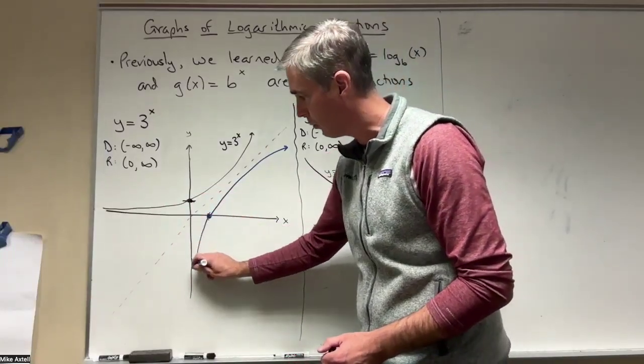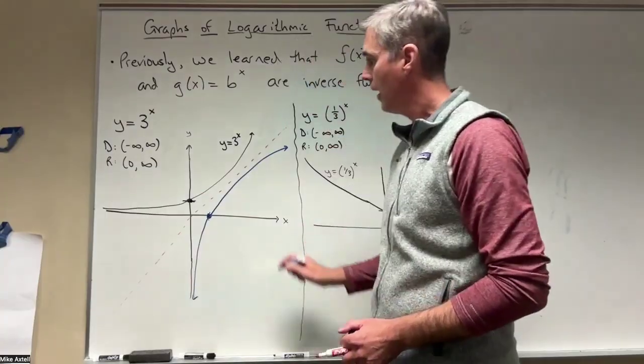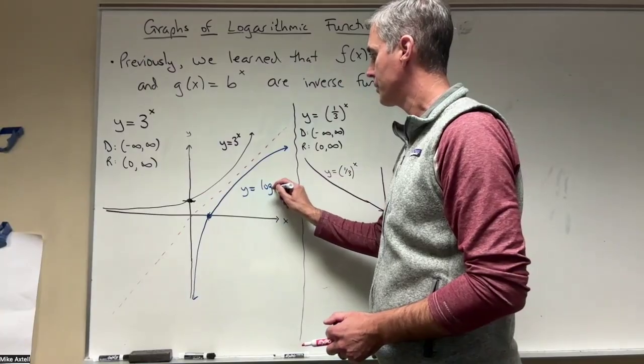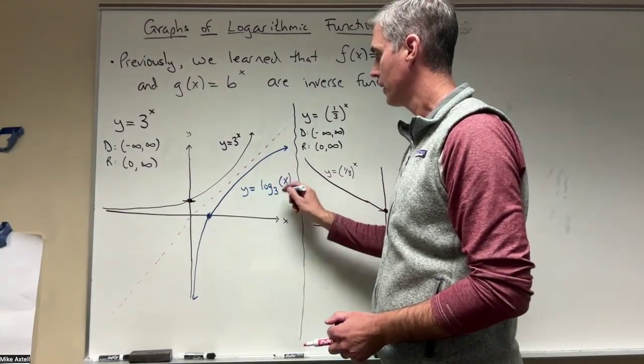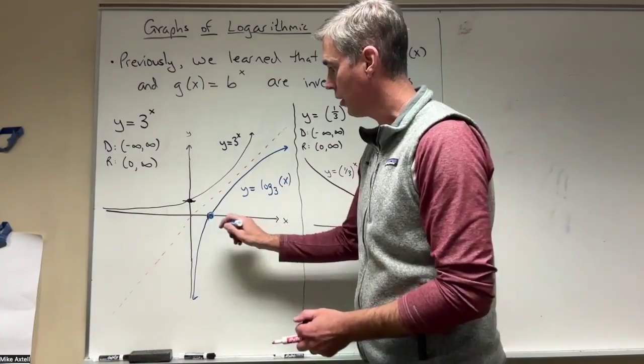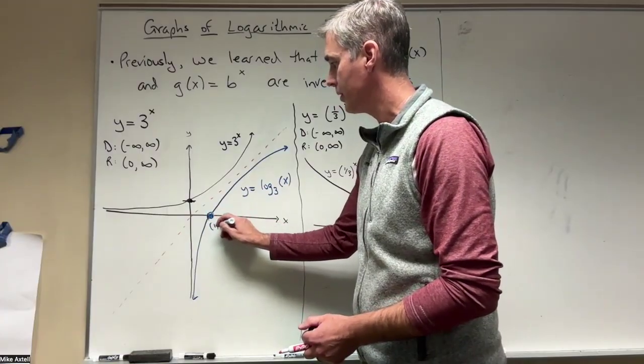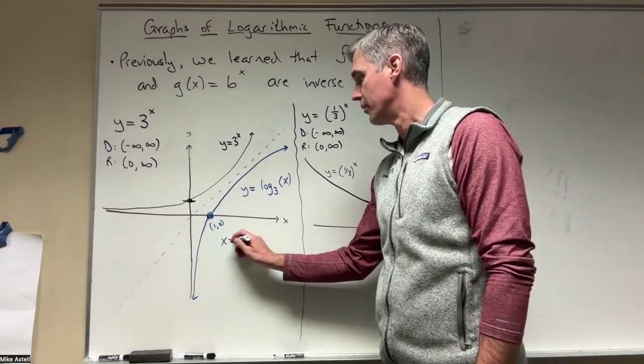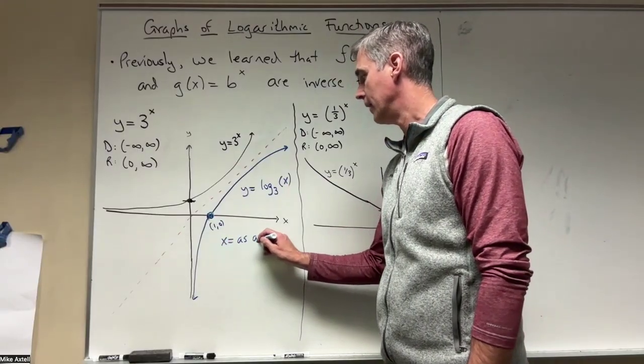So that tail would flip over to here. And this would be the graph of log base 3 of x. And it goes through the point 1, 0.